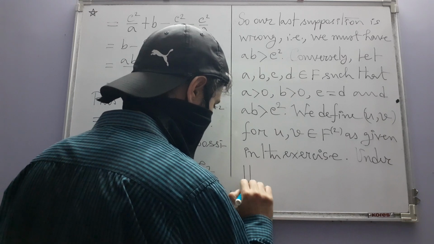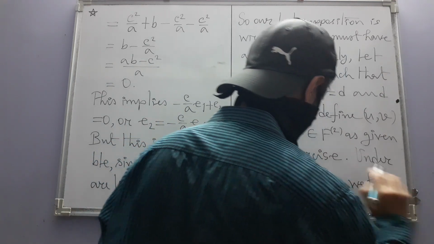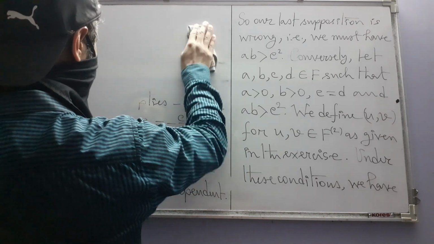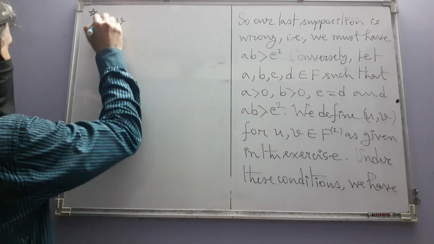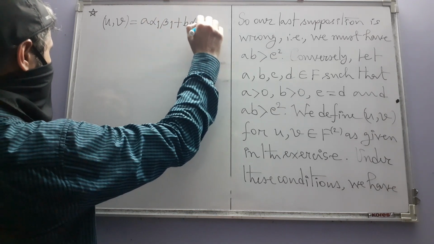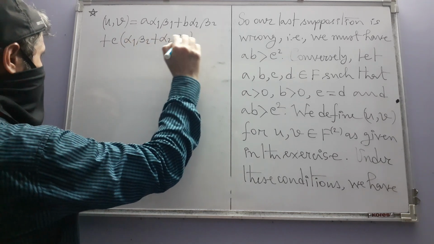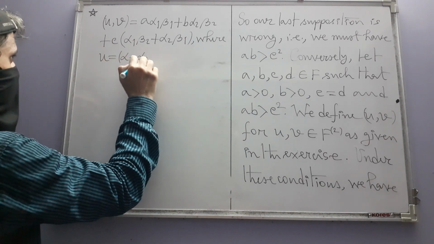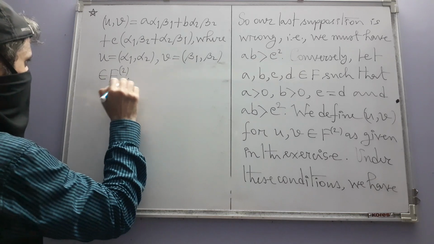Under these conditions, we have U comma V equal to, again, A alpha 1 beta 1 plus B alpha 2 beta 2, but because of equality of C and D we get this beta 1, where U is alpha 1 comma alpha 2 and V is beta 1 comma beta 2, and they are coming from F2.